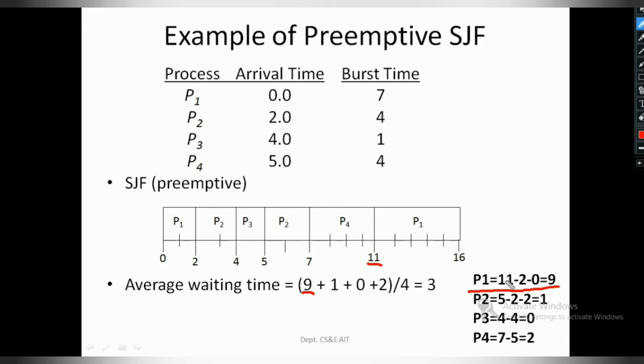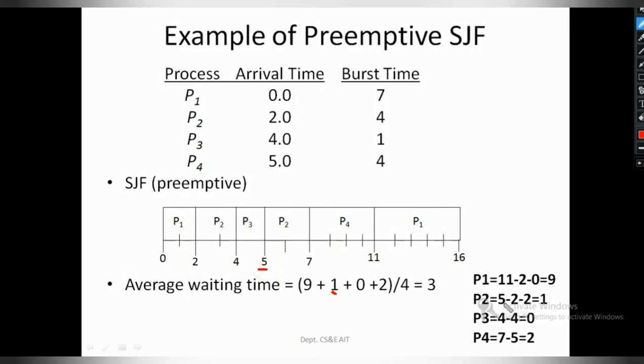P1 has waited for 11 milliseconds and P1 has completed 2 milliseconds previously, and the arrival time is 0. I come up with the waiting time of P1 to be 9. Now talking about process P2, its waiting time, we say, is 1. How is it 1?